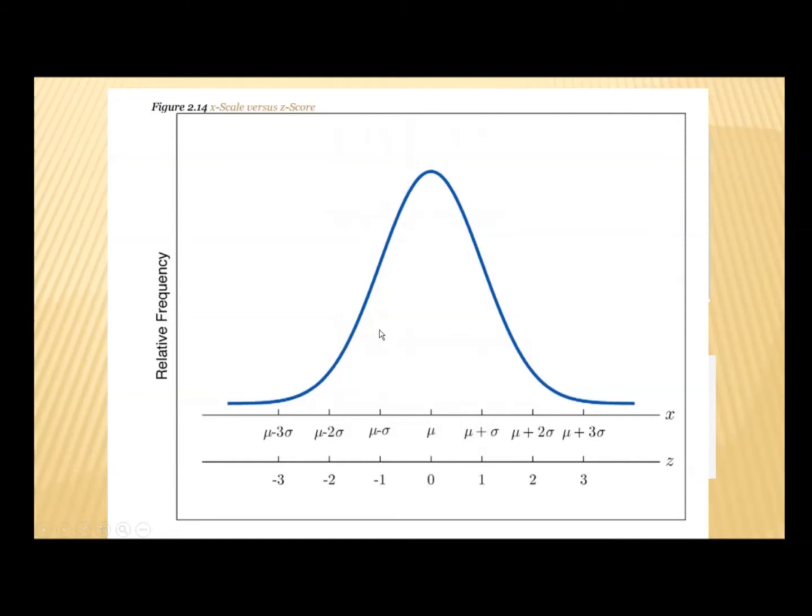Then if you take the standard deviation and multiply it by 2, you get 2 standard deviations here, and 3 standard deviations here. What does that mean? It means a standard deviation about a mean.